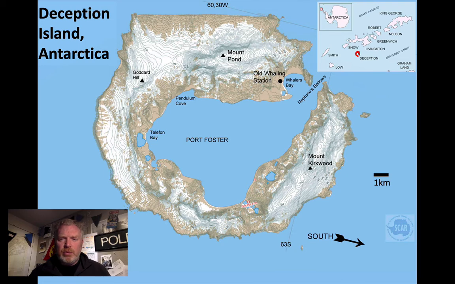This is an example, a really spectacular one, from Antarctica, a place called Deception Island. This was, as you can see, a fairly steep volcano, and the middle part of it blew out and then collapsed in on itself, and it's just fallen below sea level, so the sea's been able to flood in to create the most incredible bay.